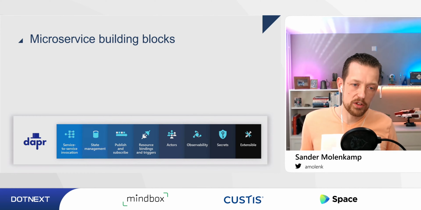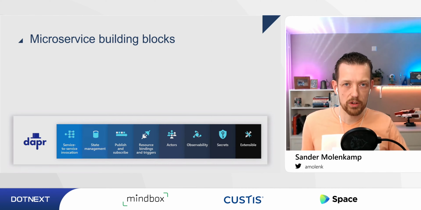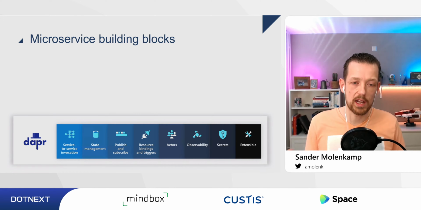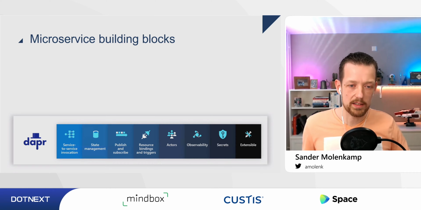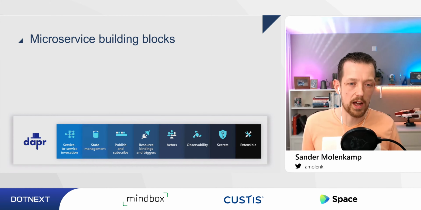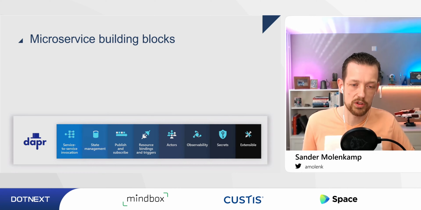And then we have publish and subscribe. Where the service invocation building block provides you with a synchronous, direct service call, publish and subscribe gives you pub/sub semantics. So that's asynchronous messaging between services. And here you can inject all kinds of different message brokers, such as RabbitMQ, Kafka, Azure Service Bus.